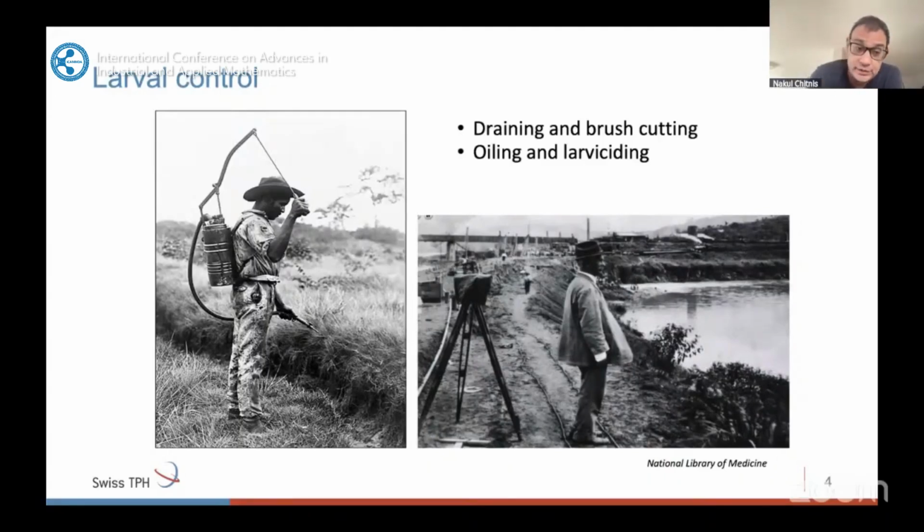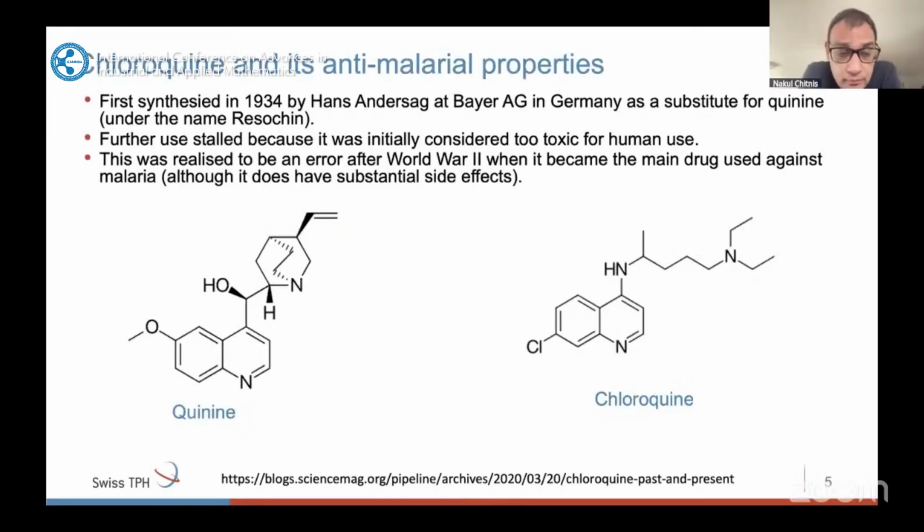A lot of this work, again, in many places worked very well, sometimes not great. And it's really this work with larval control that enabled the building of the Panama Canal, where a combination of malaria and yellow fever made it very difficult to actually build a canal in the late 19th, early 20th century.